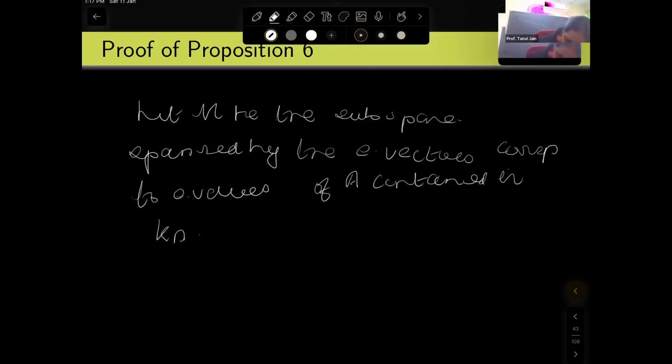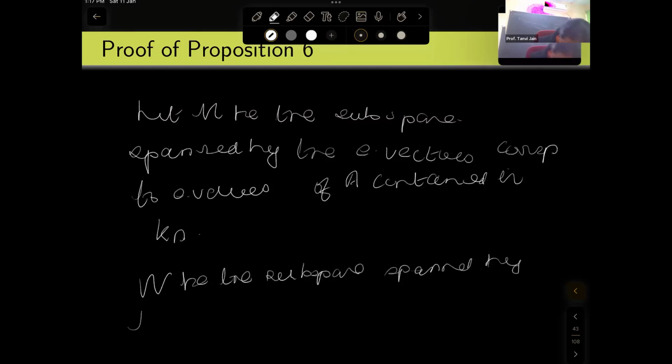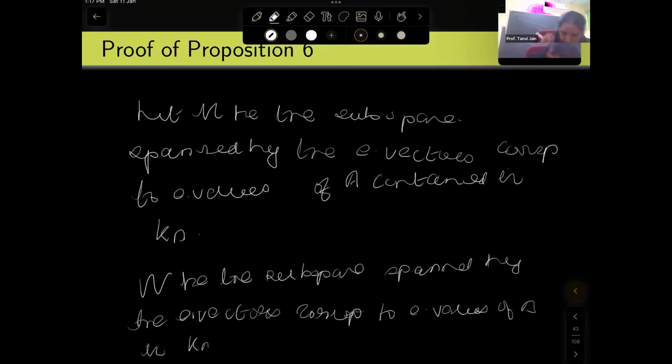And similarly, N be the subspace spanned by the eigenvectors corresponding to eigenvalues of B in K_B.